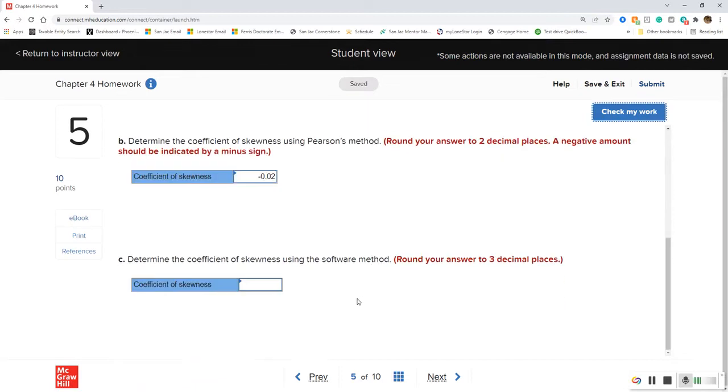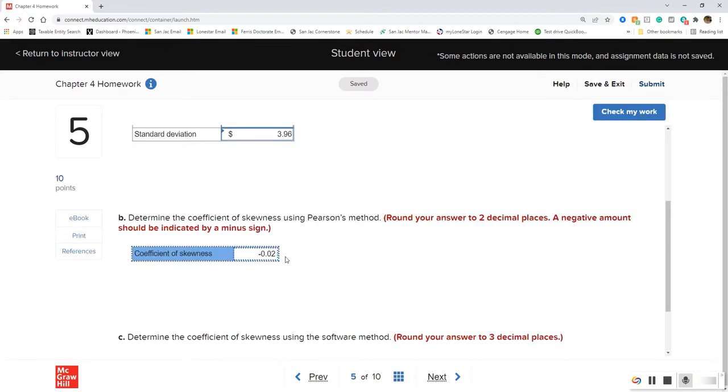So they have it as negative 0.15. Yeah, I think they... So, it looks like Connect actually messed up here.